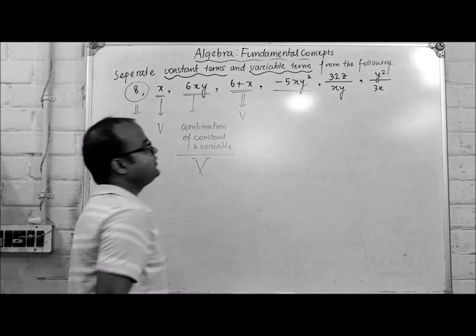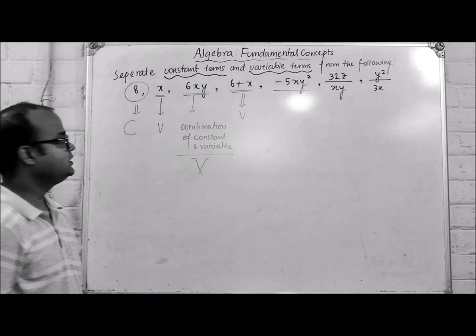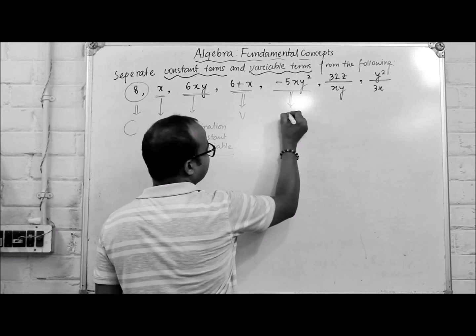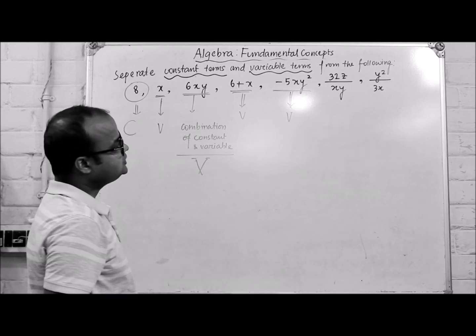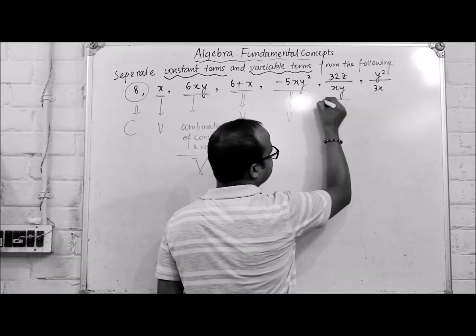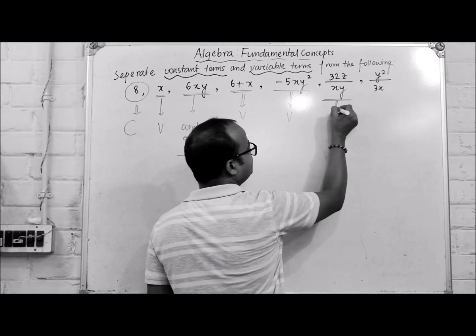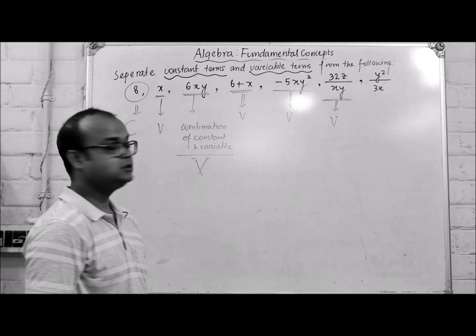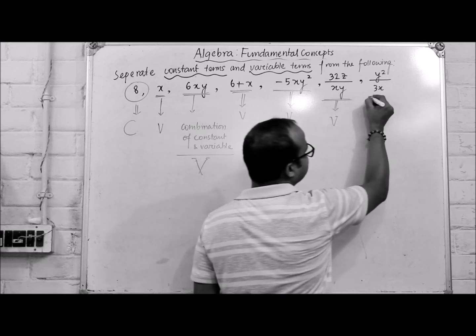5 minus 5x y square. Combination of constant and variable. So it is a variable. 32z by xy. Same. It is a combination of constant and variable. So this is again a variable. Y square by 3x.